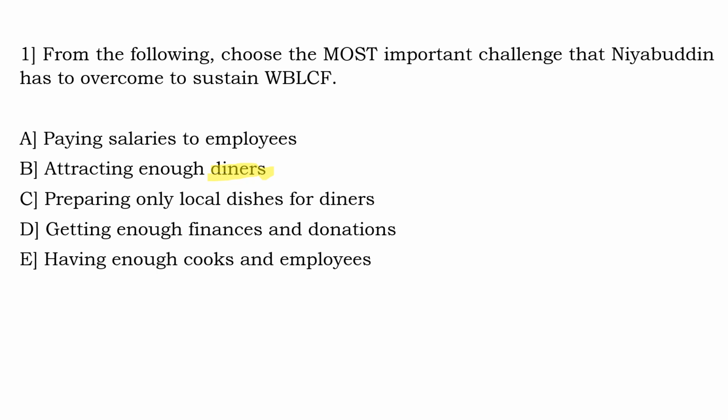He is facing the crunch of finance to run the operation, of which salary payment is one of the issues. So when it comes to the most important challenge, obviously the answer would be option D, that is getting enough finances and donations. So that would be the answer here.